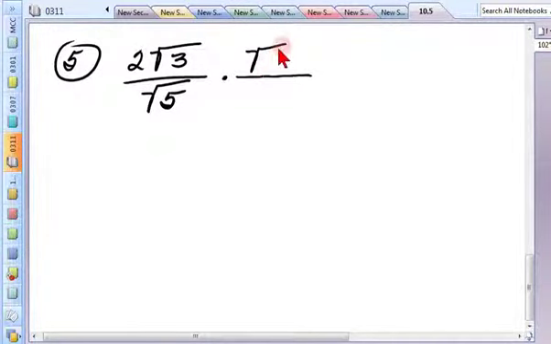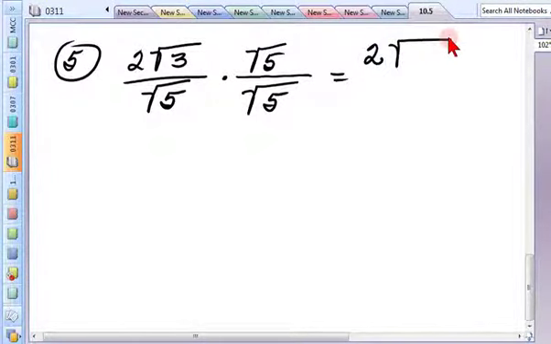Square root of 5 over the square root of 5. There are times in certain areas of mathematics when you need to rationalize a numerator. But I don't even go over that in this lesson. Okay, so I'm going to get, for the numerator, 2 times the square root of 15 over, you tell me, 5.